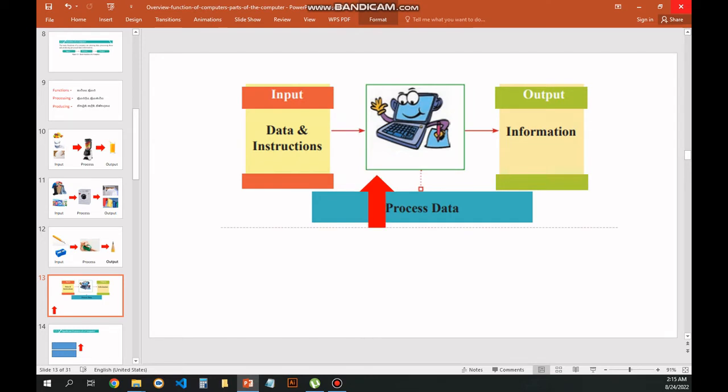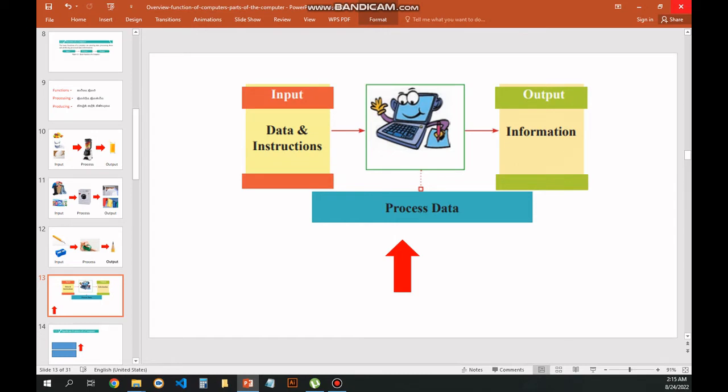Then it will give us information. Thanks to the data and instructions, it gives us information, organized data. Simply, it's just like that. So that's the idea here. I hope it's clear for you all.